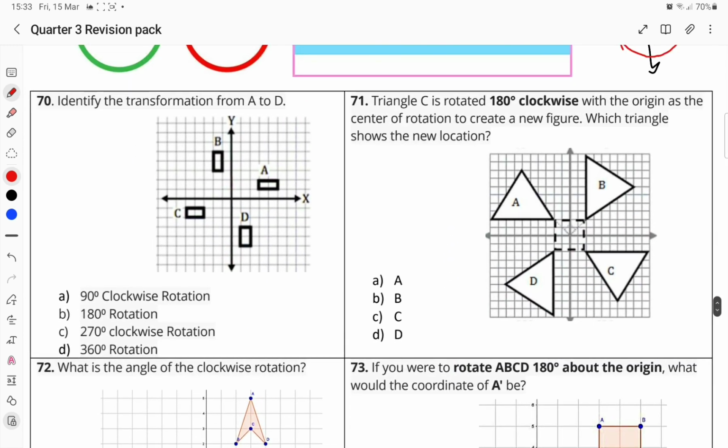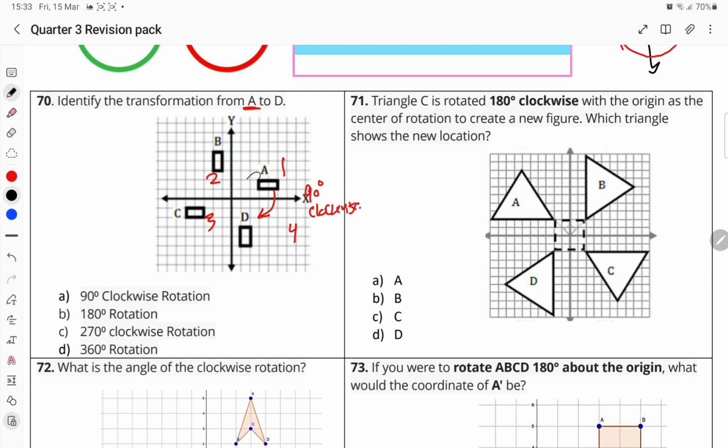Very good. Here, he says, translation from A to D. What happened? It rotated. How many quadrants? This is quadrant 1, quadrant 2, quadrant 3, quadrant 4. It moved one quadrant from 1 to 4. So if I moved clockwise, this is 90 degrees clockwise.